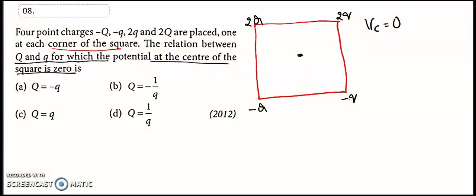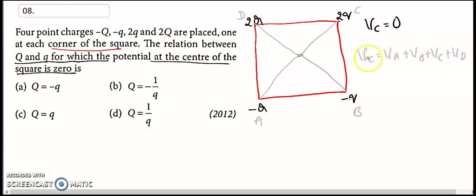Potential at the center equal to 0 means the potential due to A, plus the potential due to B, plus the potential due to C, plus the potential due to D, overall is equal to 0.